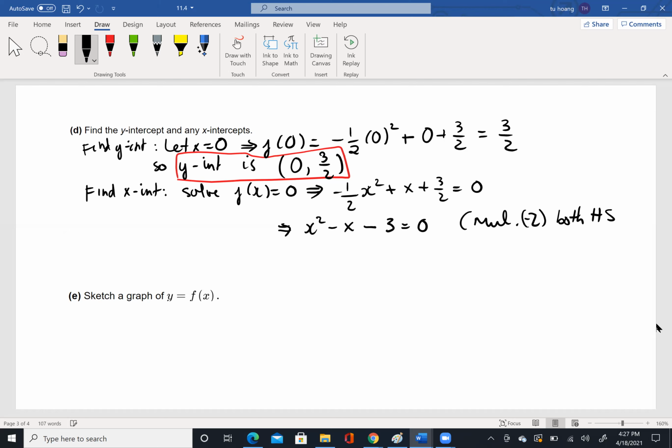So now, if you apply the AC method, you have A times C is -3, B equal to -1. So two numbers, the addition is -1 and multiplication is -3.